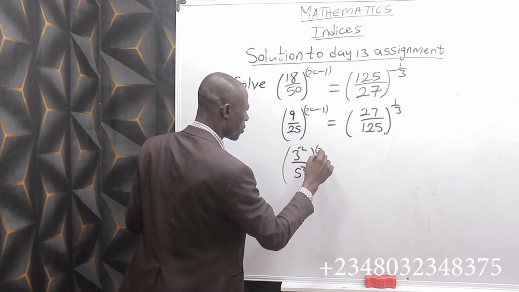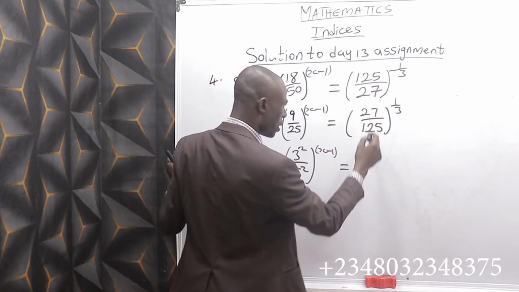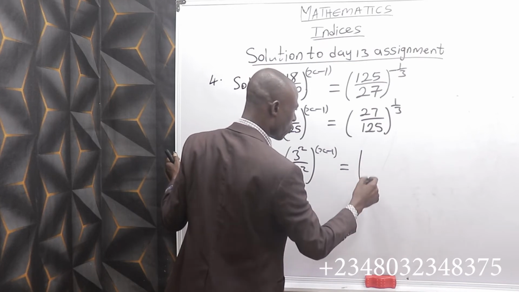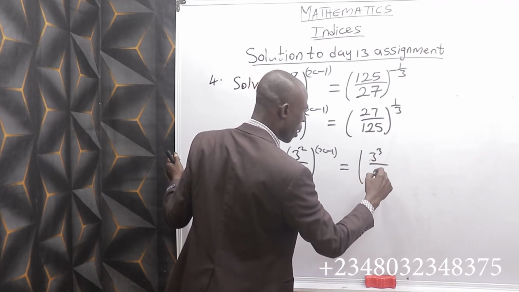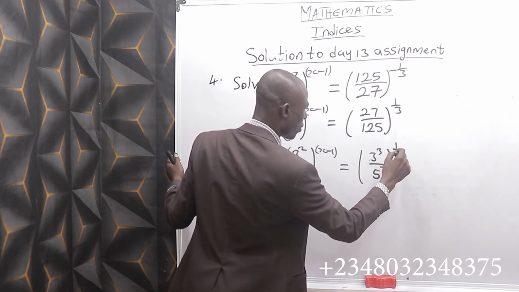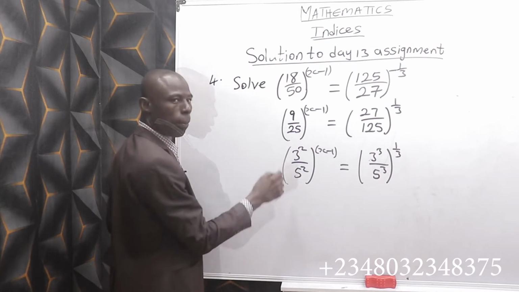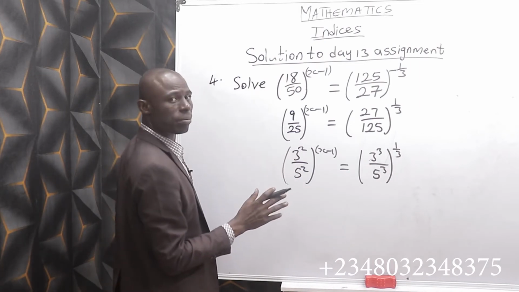raised to power x minus 1, which is equal to, also this could be raised in index form, 3 raised to power 3 over 5 raised to power 3, all raised to power 1 over 3. The power of the numerator and the denominator are the same.